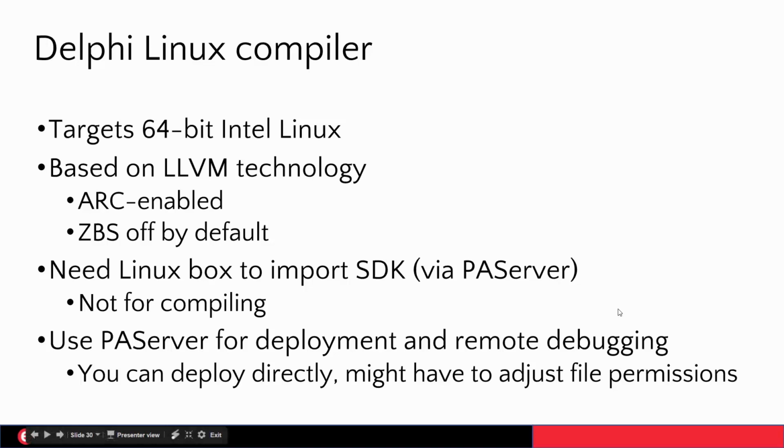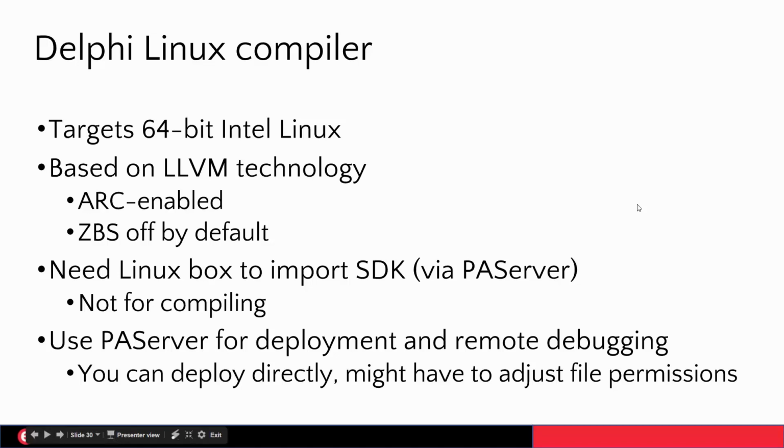You do need a Linux box initially to import the SDK and the headers, and this is done by installing PA Server on the target Linux machine and connecting to it. You don't need a Linux box for compiling. Of course, you need a Linux box for remote debugging if you want to, and we support remote debugging right into the IDE. This is possible through PA Server, the platform assistant server.